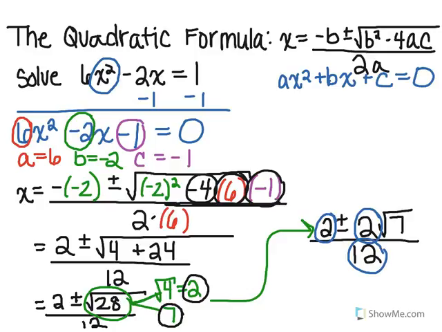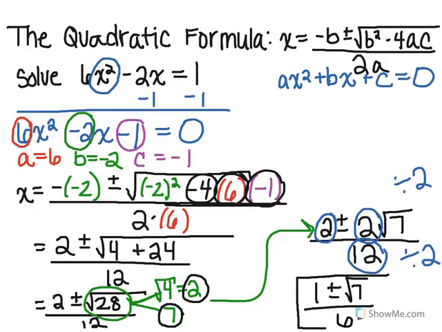So I'm basically looking at all of these numbers and if they have something in common in terms of divisibility. And they're all divisible by 2, so I can divide everything in the numerator by 2 as long as I divide everything in the denominator by 2. So what that leaves me with is 1 plus minus the square root of 7 over 6.